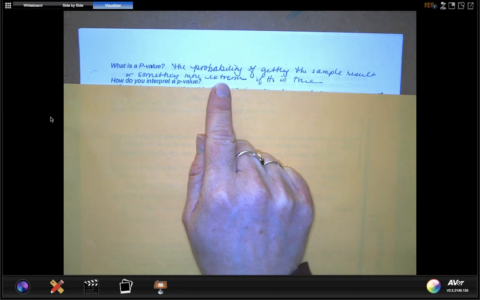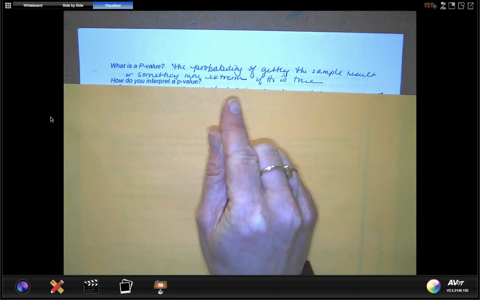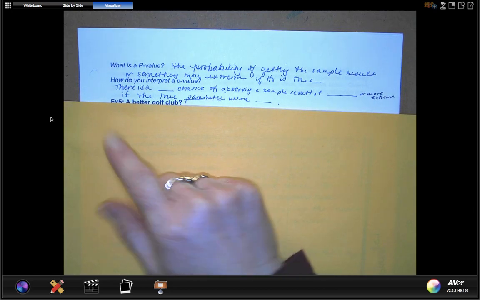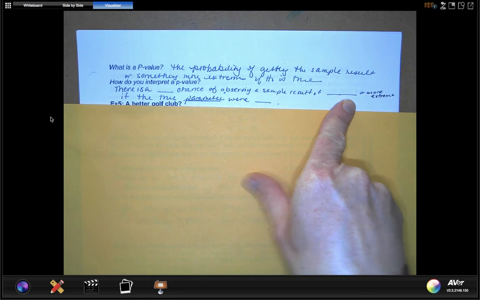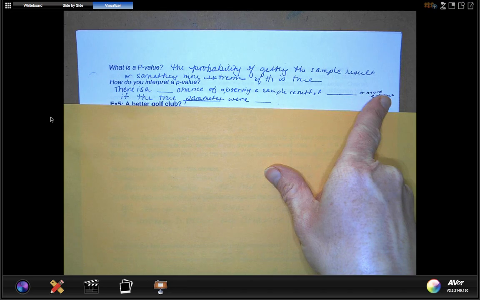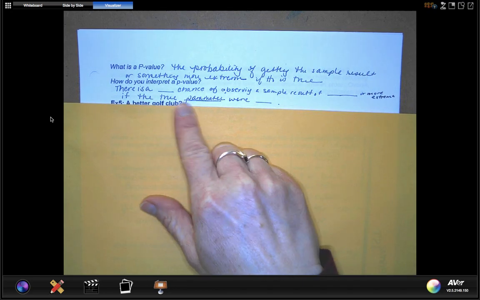Now that more extreme is always in the direction of HA, if H0 is true. So how to interpret it. This is the statement that I want you to write down, and use if you're ever asked to interpret a p-value. There is a blank chance of observing a sample result of blank or more extreme if the true parameter were blank.